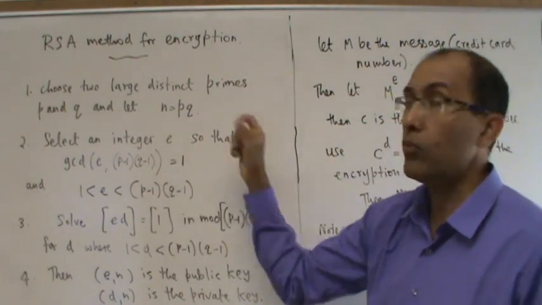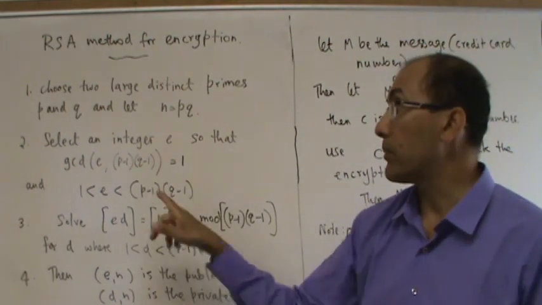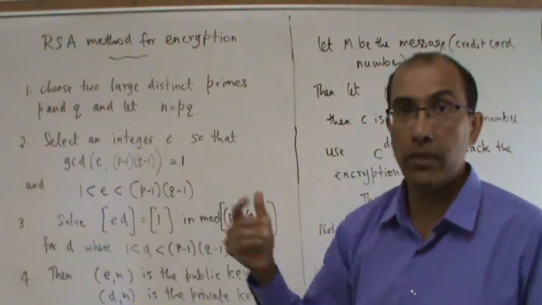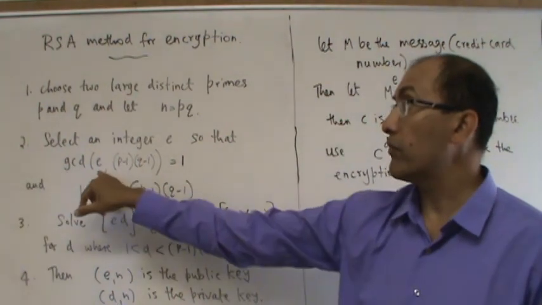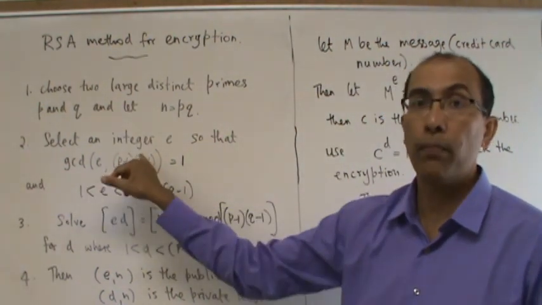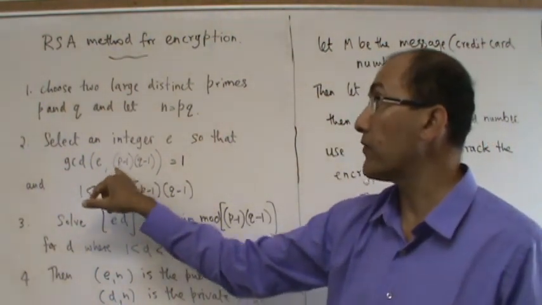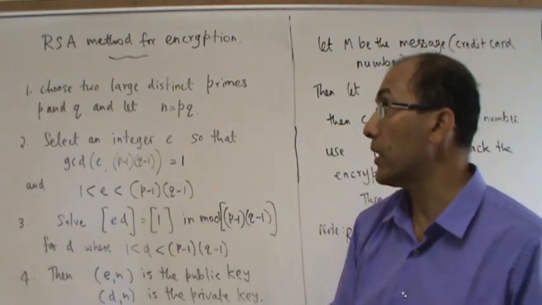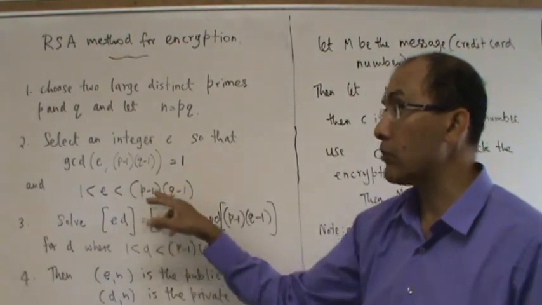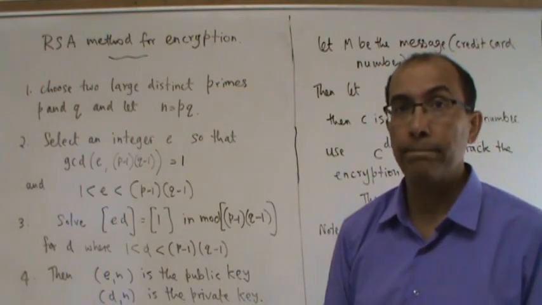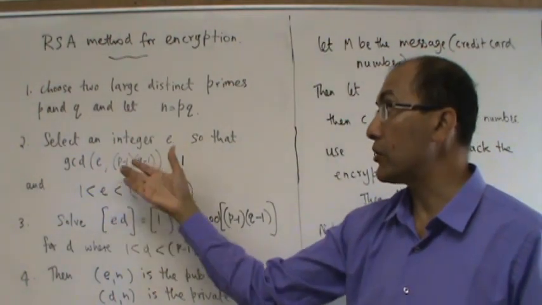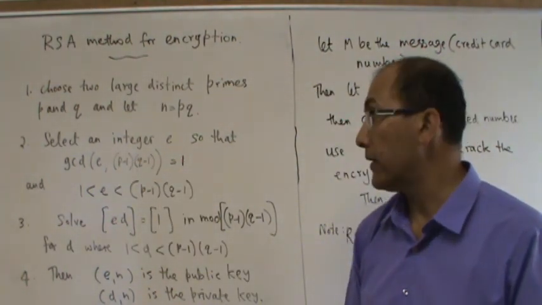Now p and q are prime numbers, but p minus 1 and q minus 1 will be composite numbers. So we need to find a number e which is co-prime, so that they don't have common factors with (p minus 1)(q minus 1), and also we want e to be a smaller number than that.